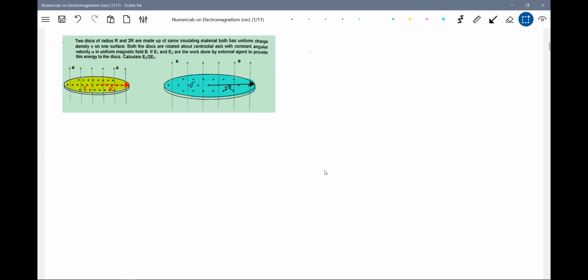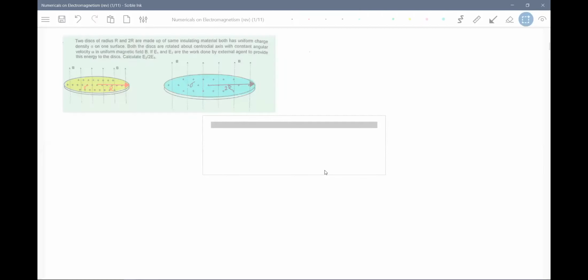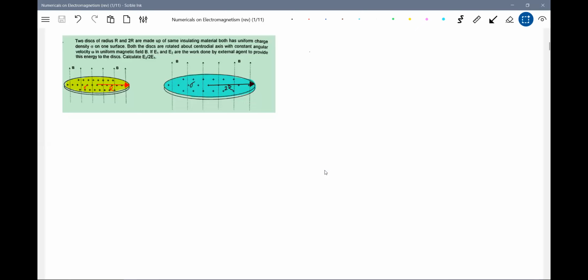This is a strange problem. Is it asking about self energy? No. To rotate the disk, what work does he have to do?